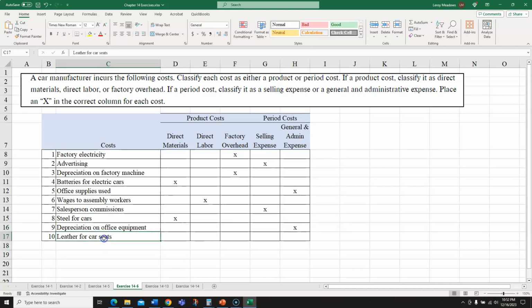And then, what about leather for car seats? Because we do make cars, it is a product cost, and it's going to be direct materials. So this gives you an idea of how we would classify different things related to product costs or period costs, and then more specifically, what type of product cost or what type of period cost.